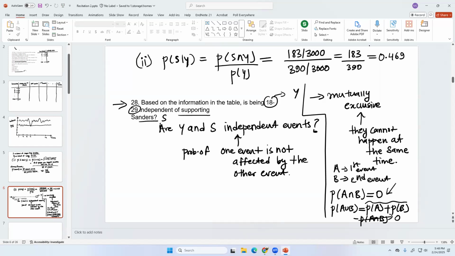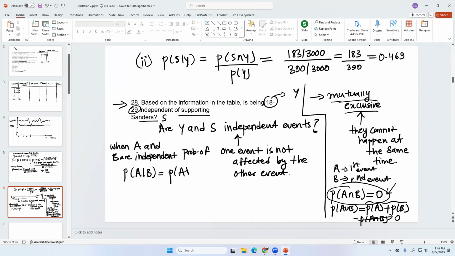So when mutually exclusive, this equation holds. What about when they're independent? What is this equal to when A and B are independent?